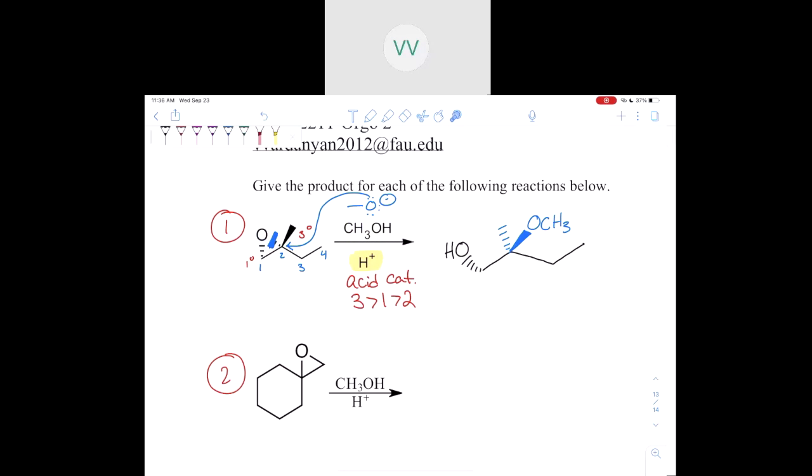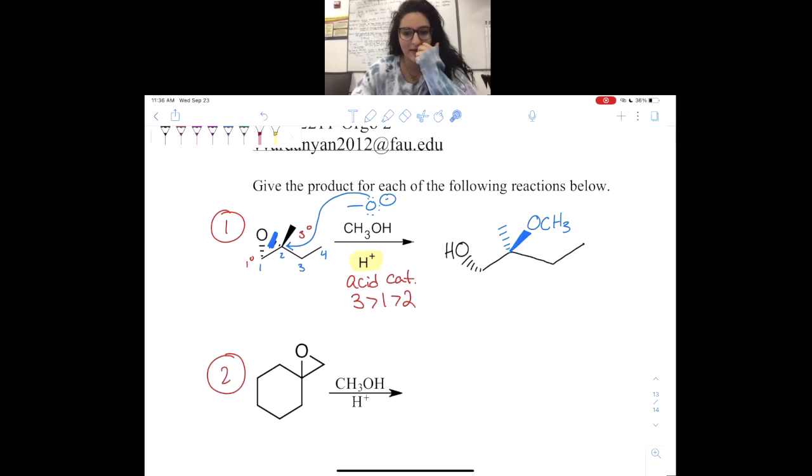Usually I would have everyone clap, but I have a question. Yes, go for it. Will the OCH3 and the OH always be trans to each other? Like, you mean stereochemistry wise? Yeah. I'm sure there are exceptions, but for the purposes of this class, yes, they are going to be trans.